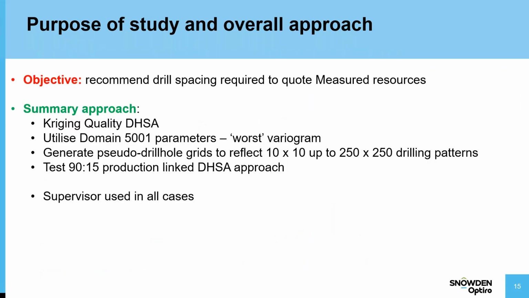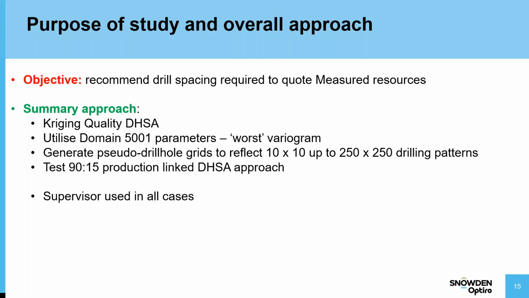So our objective here was to recommend the drill spacing required to quote measured resources for the project. And our summary approach was to undertake a kriging quality DHSA. We were going to utilise domain 5001 parameters, which we considered the worst variogram.